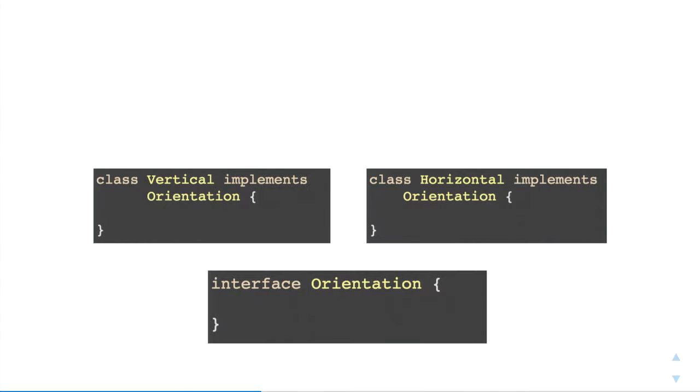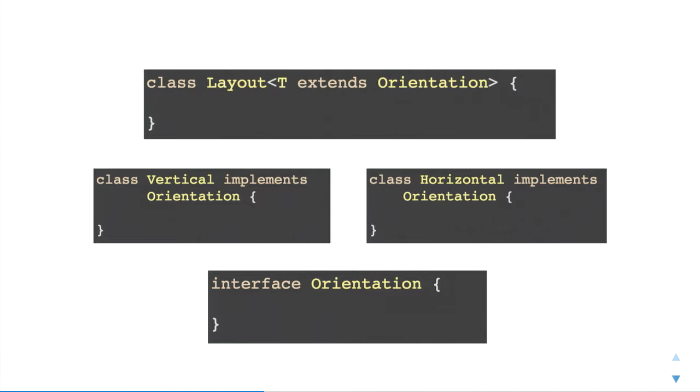Like you said, you can add a parent of these two types, right? So for example, if you had these two and you want to parameterize this as part of a type of layout, then what we could do is say that these both, like we did before, extend this interface, and we're going to use this as a type parameter. And so we're saying here in Java, very simply, that it has to be either a vertical or a horizontal, or an orientation.